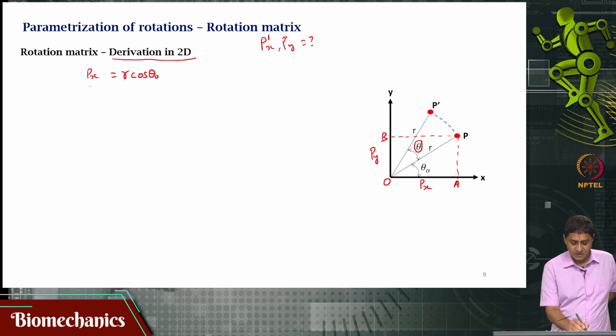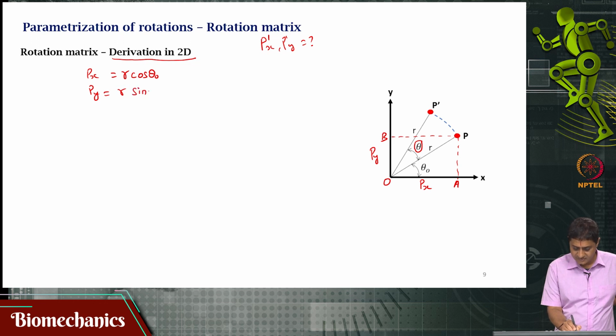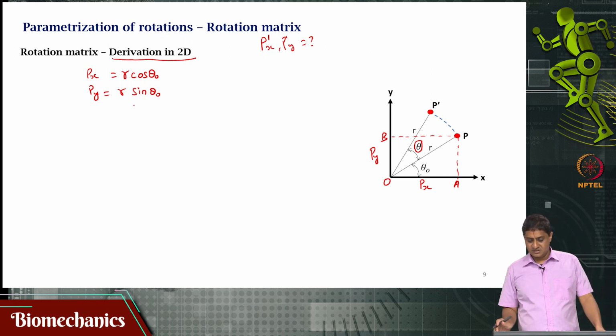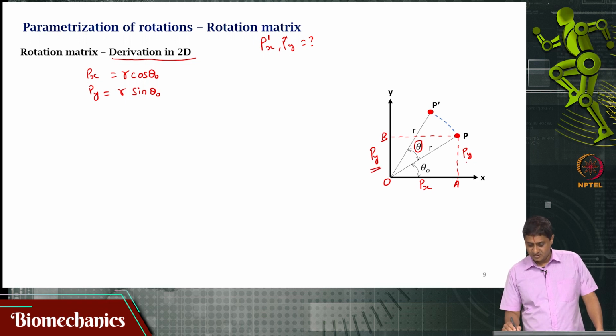What is the value of Py? Py is, likewise, r sin theta naught, because that is Py, this is also Py, is it not? If this is Py, this is also Py. In the right triangle OAP, that is the opposite side.